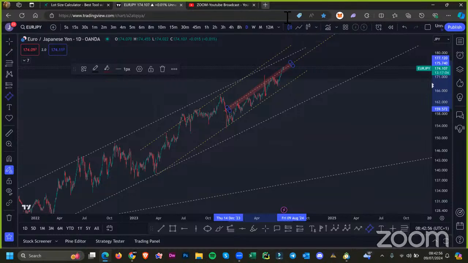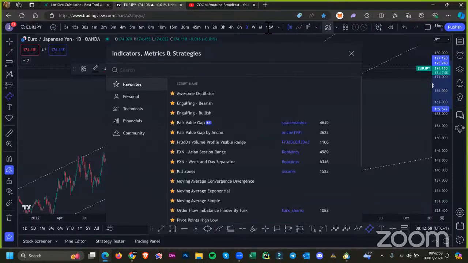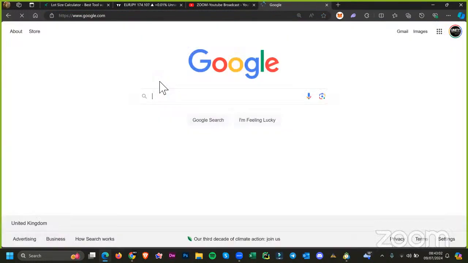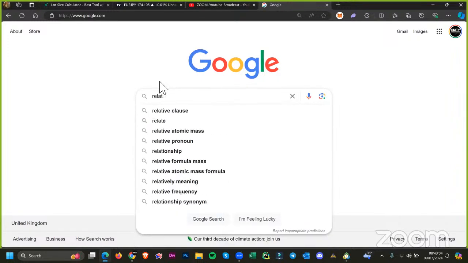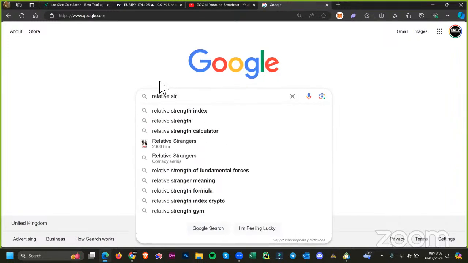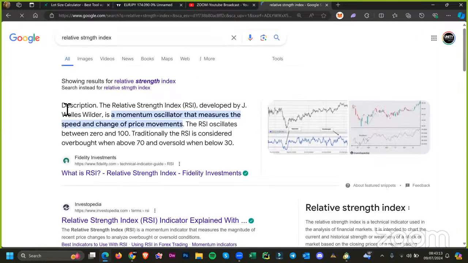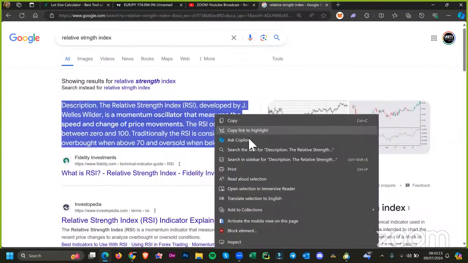In fact, let's read the definition of it in Bobby Google. Let's read the definition of the relative strength index. Let's have a read of it.